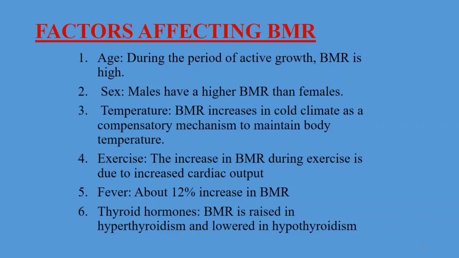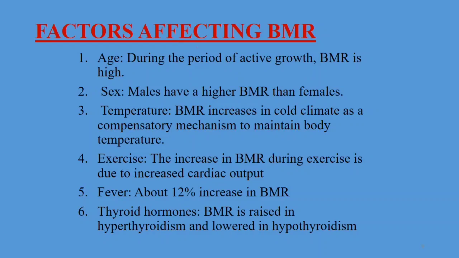BMR is raised in cold climate due to a compensatory mechanism to maintain body temperature. In exercise, BMR is high due to increased cardiac output. In fever, BMR is raised by 12%. BMR is raised in hyperthyroidism and lowered in hypothyroidism.